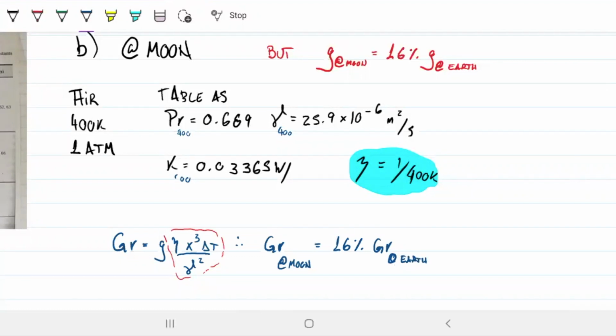Right, so I can pretty much take the number that we had before, which was, let's see, what is my Grashof? 3740, multiply that by 16, divide that by 100, and I should get the Grashof at our space station. Let's do that. 598.